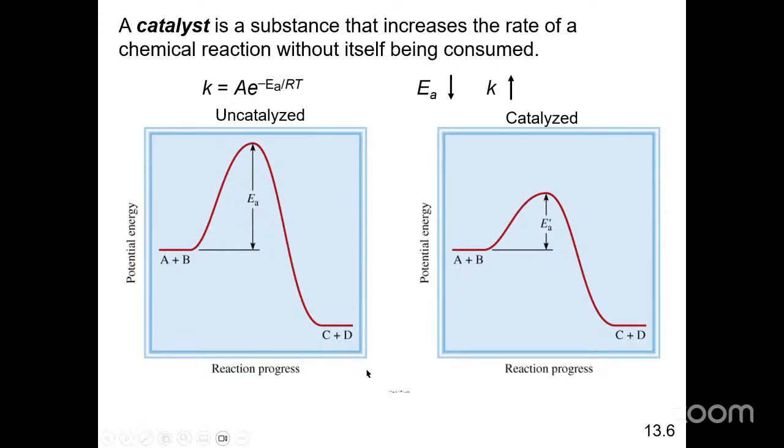So the rate of the catalyzed reaction will be greater than the rate of the uncatalyzed reaction. That is true for pretty much all catalysts, be they enzymes or other biomolecules, or even industrial catalysts. We're going to see a few examples of catalysts at work and how the mechanism changes when a catalyst is added.